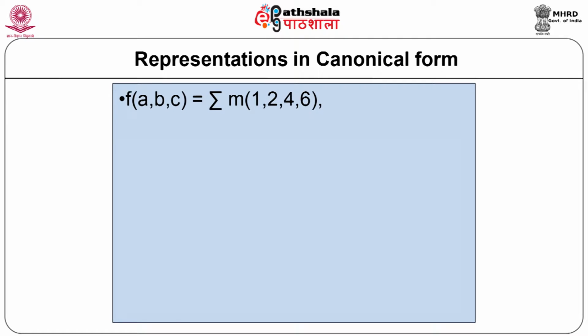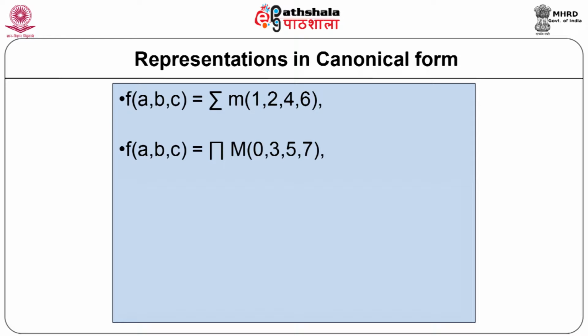Let us now take a suitable example to represent these canonical forms in the symbolic notations. The function that we have discussed on the previous slide is represented once again. The canonical sum term is given by summation of m in bracket, the terms which are present are 1, 2, 4, 6. Similarly, the max term is represented as product of capital M in bracket, the terms 0, 3, 5 and 7.